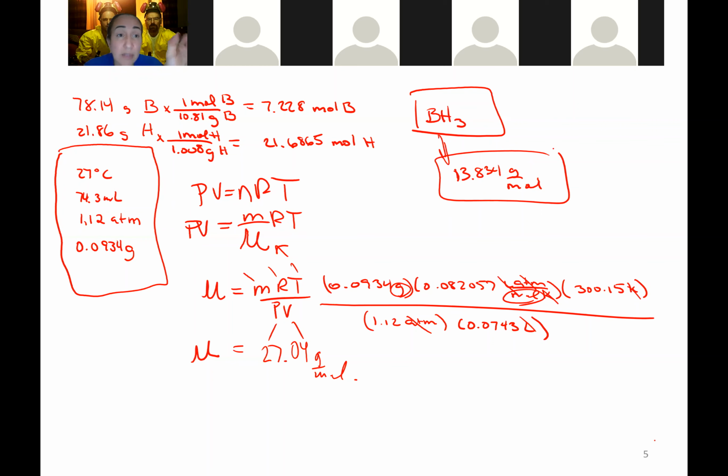If you take 27 and divide it by 13, you should get 2. So everything in the empirical gets multiplied times 2, and your molecular formula would be B2H6.